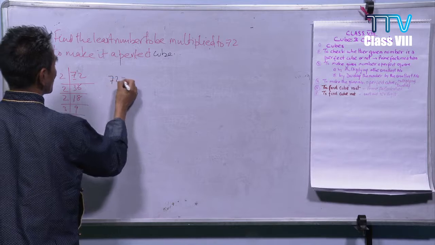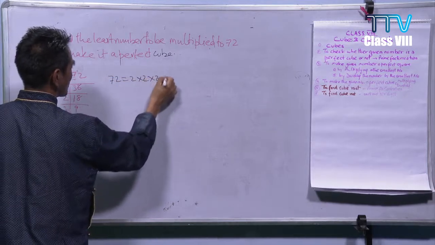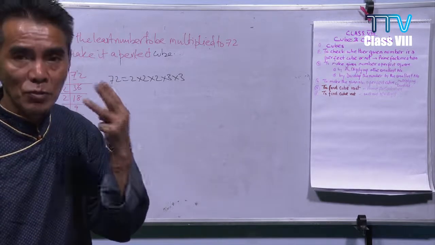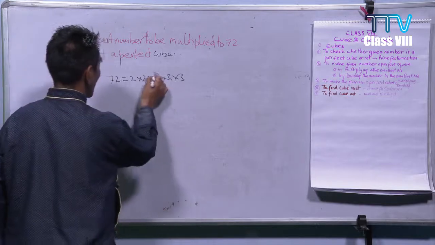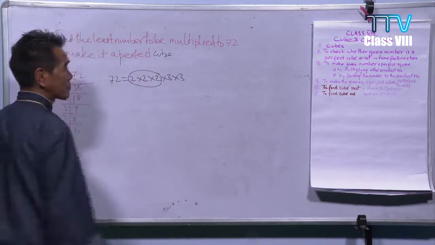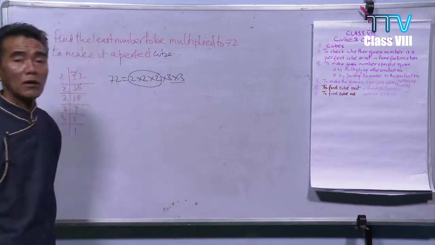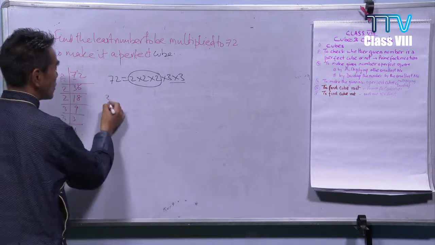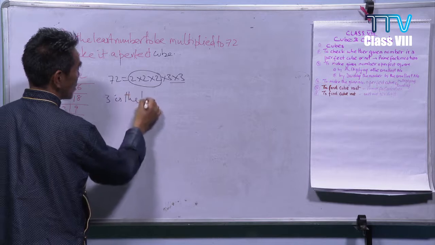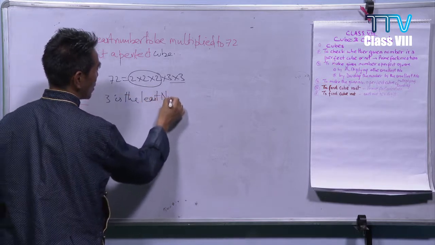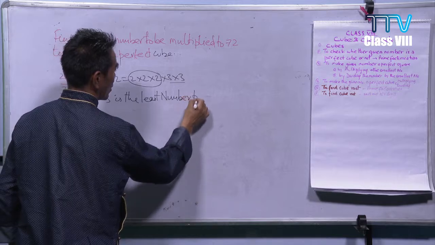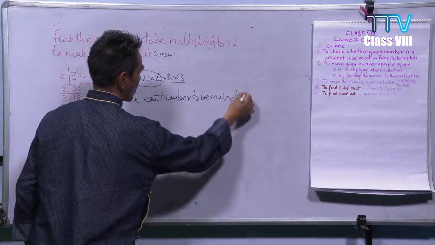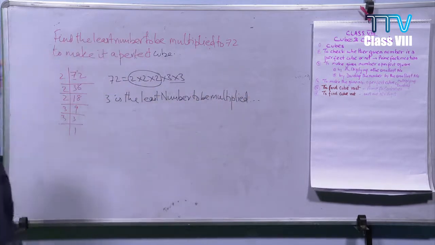72 is equal to 2 times 2 times 2 multiplied by 3 multiplied by 3. For a perfect cube, the three 2s make a group, but the two 3s need one more 3. So 3 is the least number to be multiplied to this to get a perfect cube.